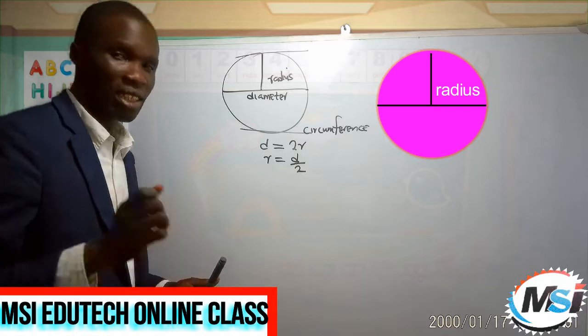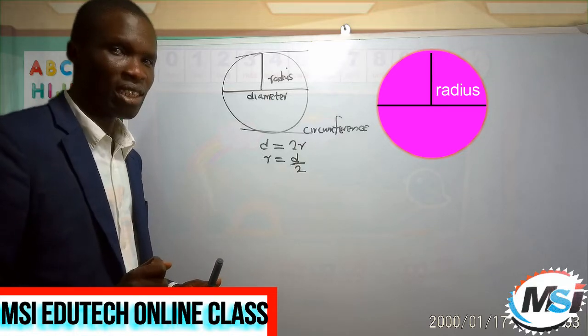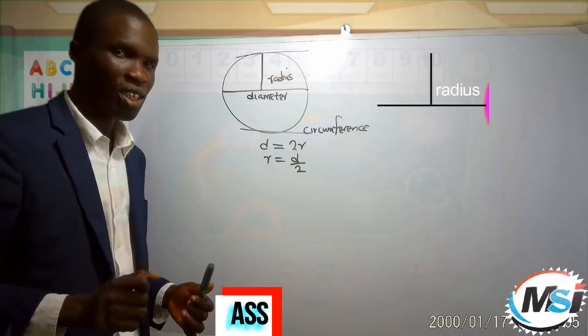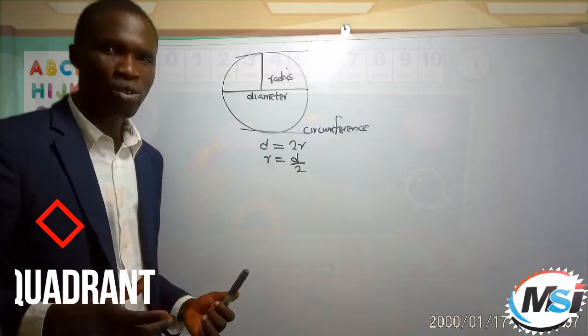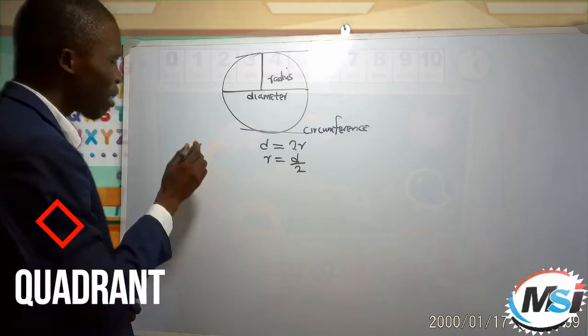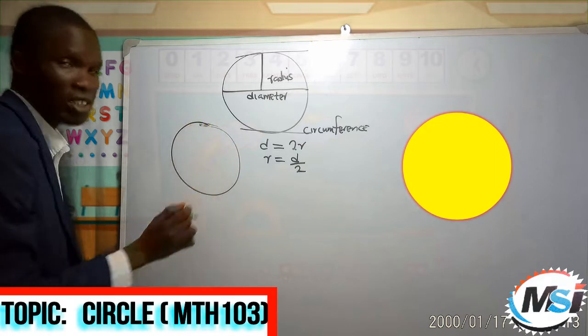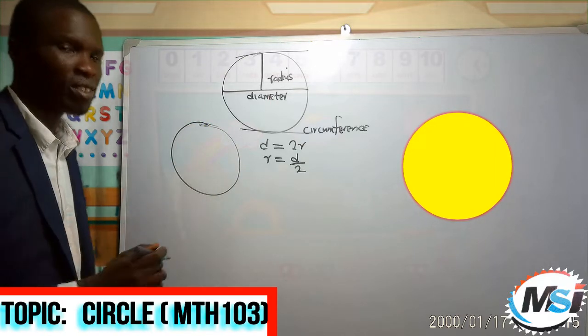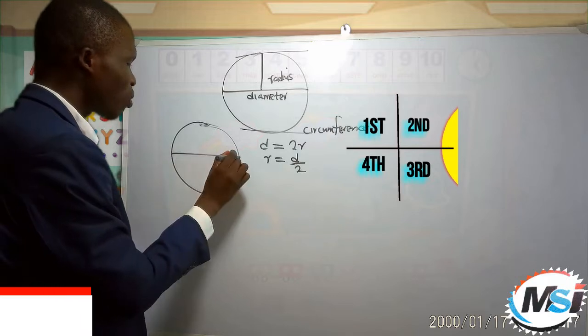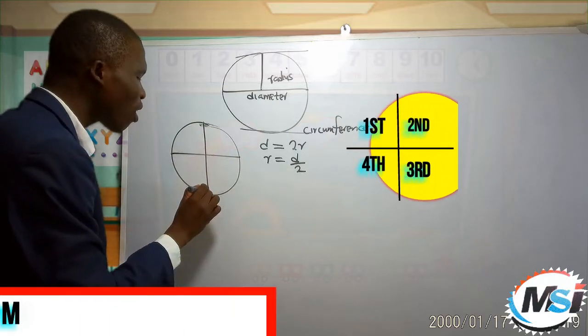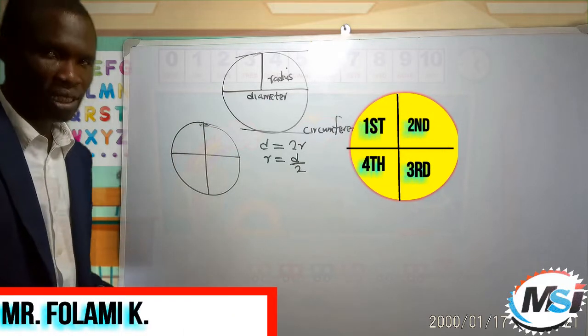Now the next thing I want you to understand is quadrant. What is quadrant? If you have a circle like this, you divide this circle into four equal parts.